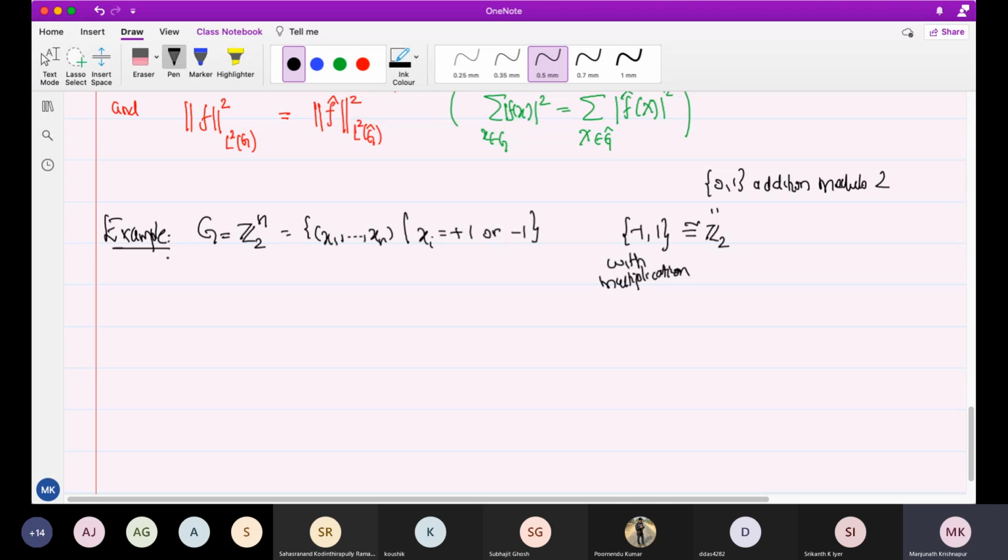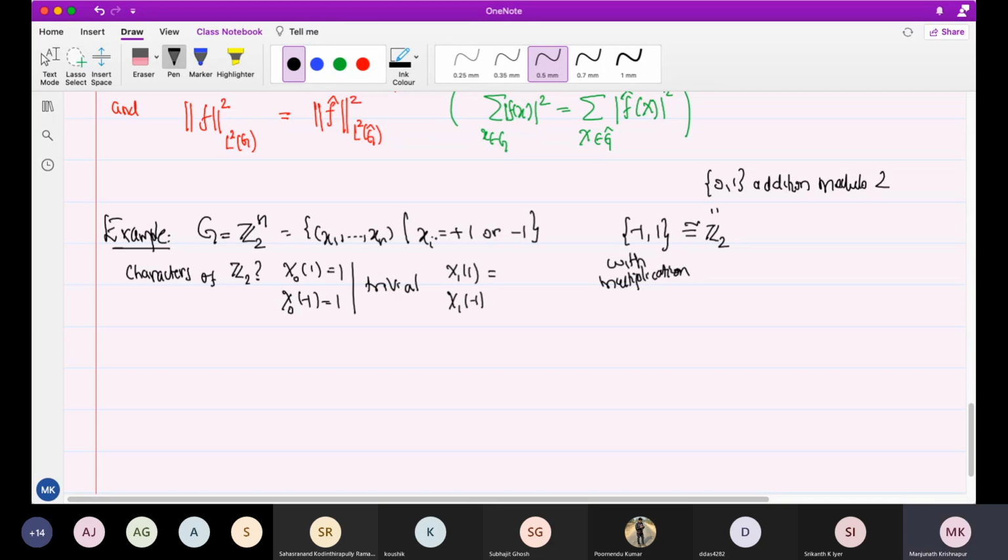So then, what are the characters of Z2? Z2 has only two characters. One is chi 0, which is the trivial character. And the other is chi 1.